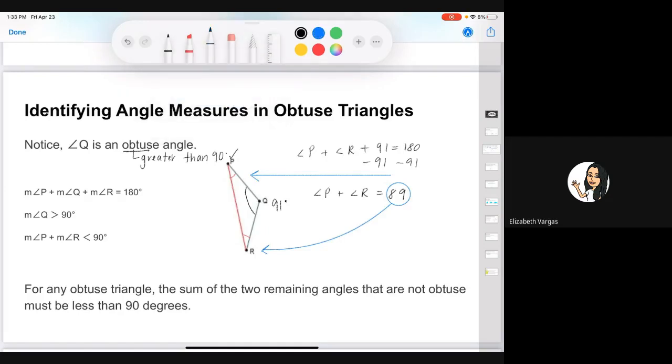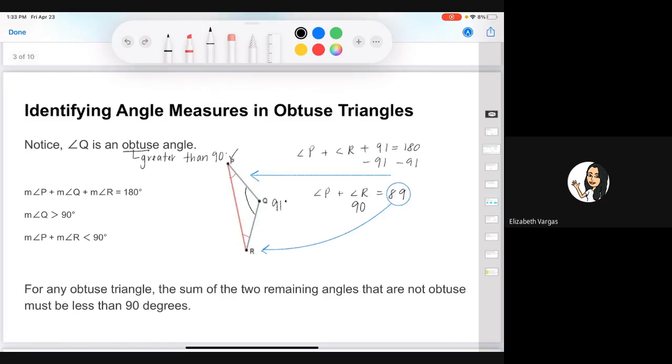That means that neither angle R nor angle P will be 90 degrees or greater. Because if P were 90 degrees, then we'd already surpass our limit of 89 degrees. If R were 90 degrees, we would surpass our limit as well.